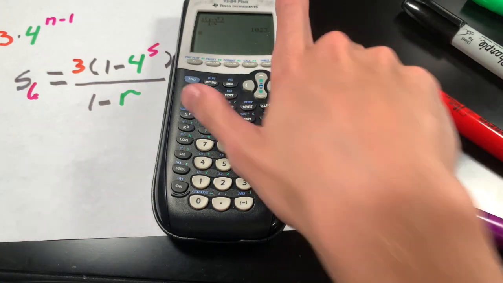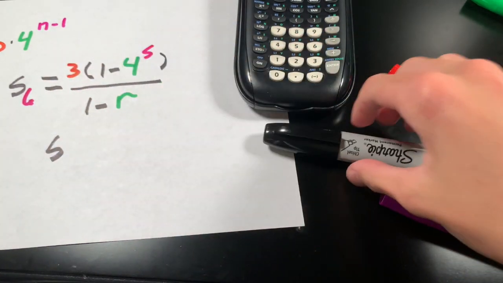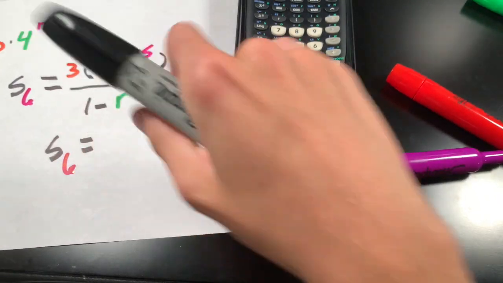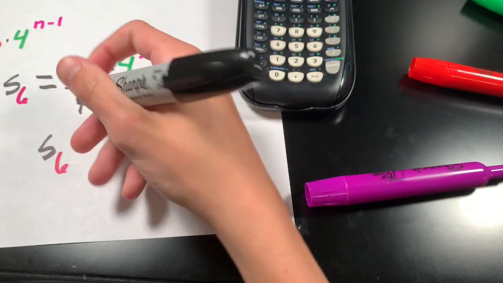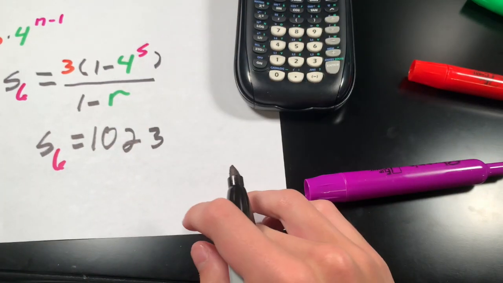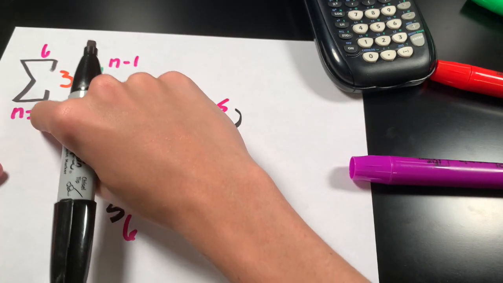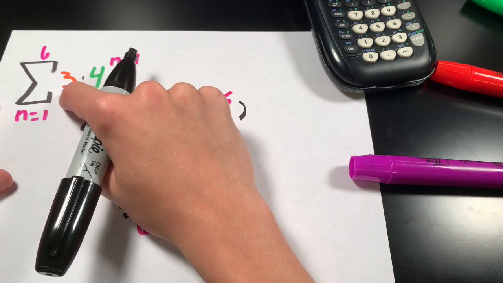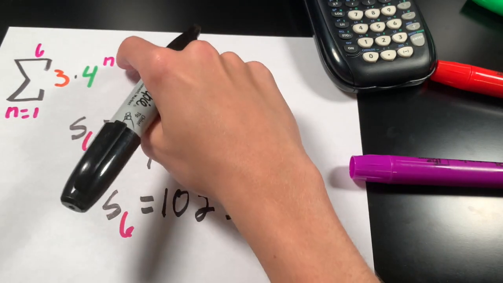Press enter, and we get 4095. Nice and easy. If we look back at the sigma, we can see that this is n from 1 to 6. This is our A1. This is our rate, and then just n minus 1. This is what we call the rule.